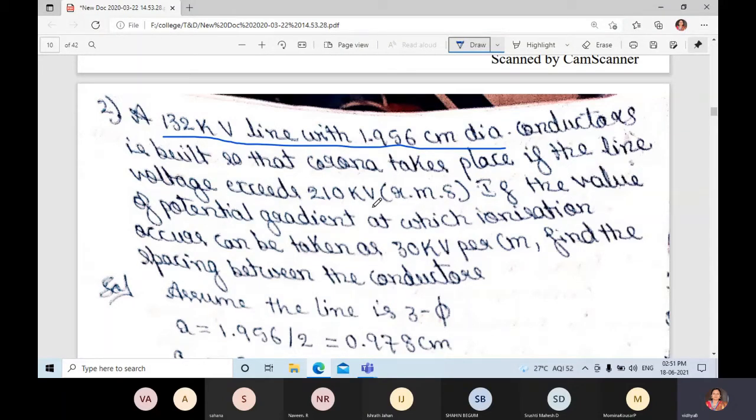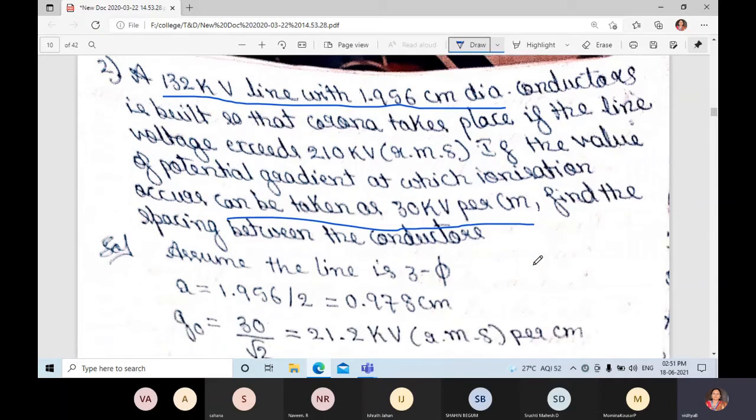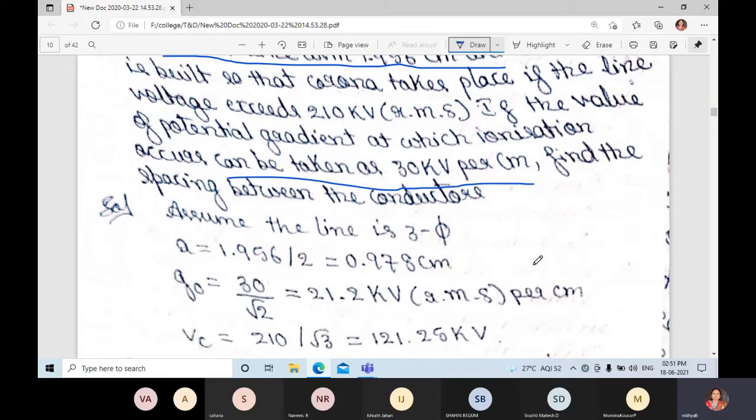What they are saying is, a 132 kV line with 1.956 conductor diameter, built such that corona takes place if the line voltage exceeds 210 kV. If the value of potential gradient at which ionization occurs can be taken as 30 kilovolt per centimeter, find the spacing between the conductors. Okay, we need to find the D value.